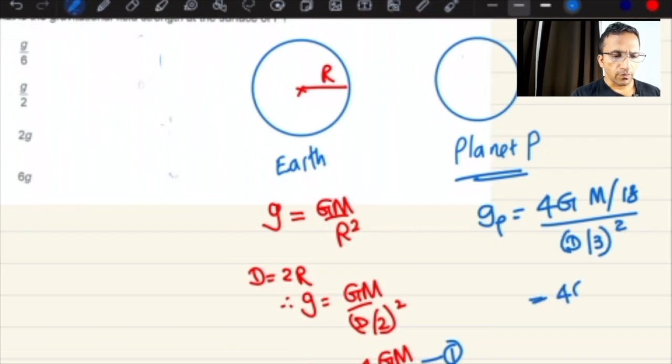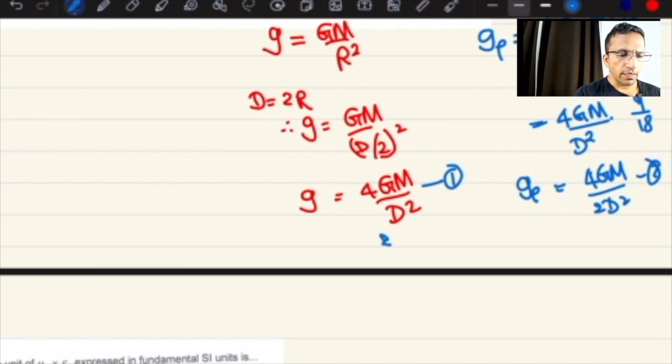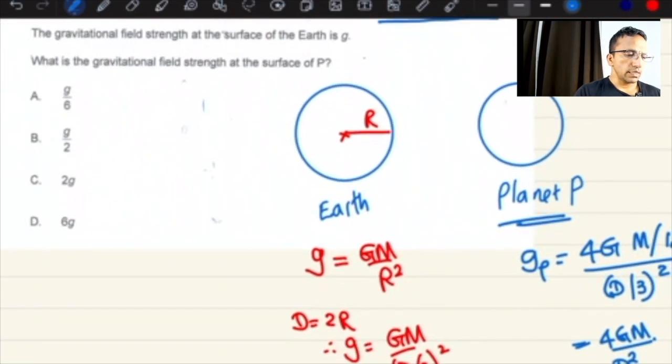So this becomes 4GM over D squared times 9 over 18. So this is actually 4GM over 2D squared. Let's take this one as equation 2. If you divide 2 by 1, you will get g of the planet on the surface is actually g over 2. Answer is B.